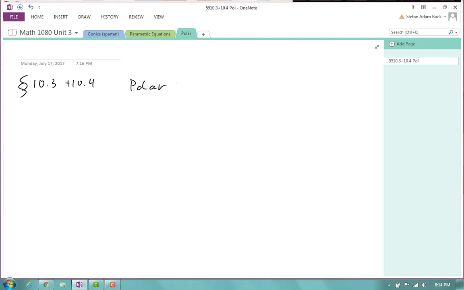So what we've been using is the Cartesian coordinate plane. I have two axes, x and y, and every point on the plane can be described using an x-coordinate and a y-coordinate. We call them x, y. But there is another way I can represent every point on the plane, and that is with a polar coordinate system.